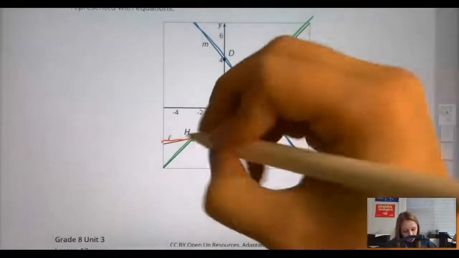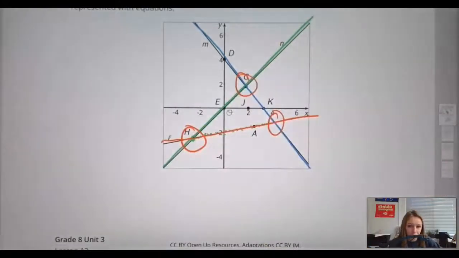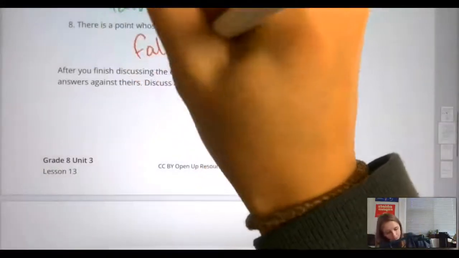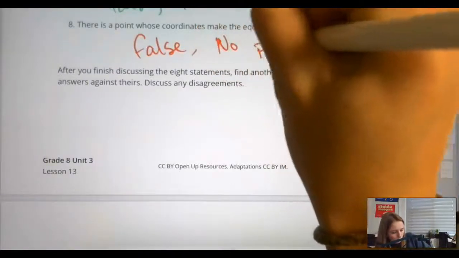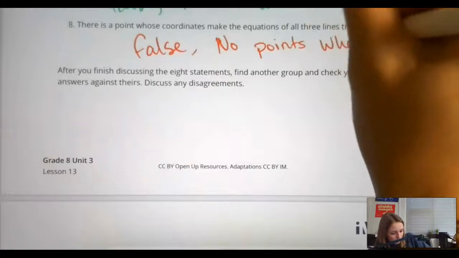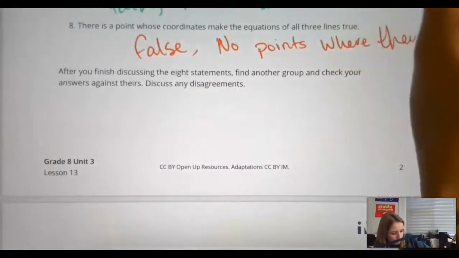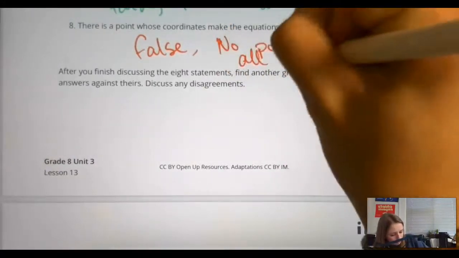Here I only see blue and green, and over here I only see green and red. So at the points where they intersect, I do not see all 3 colors. So, false. No points where they all intersect.